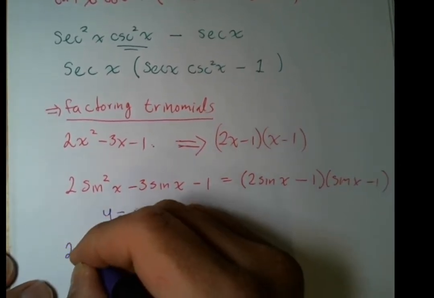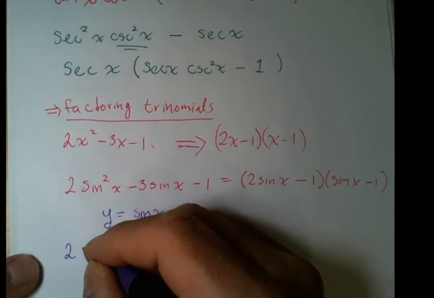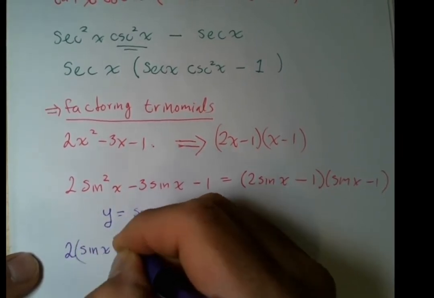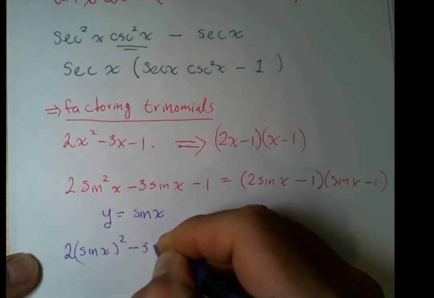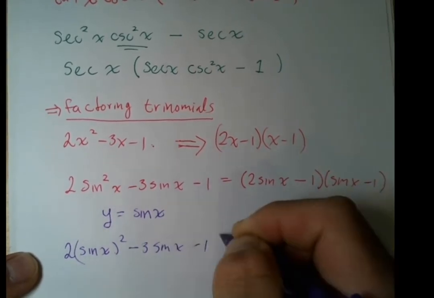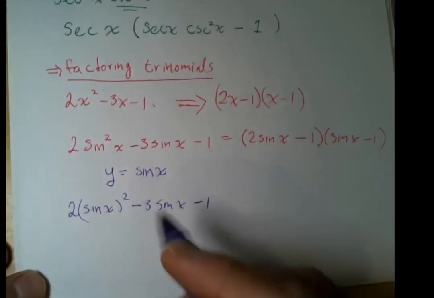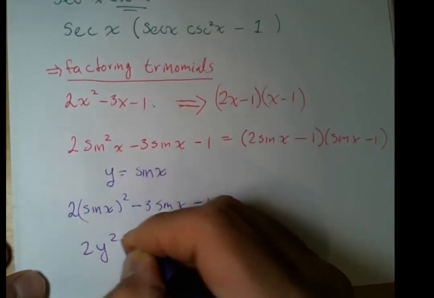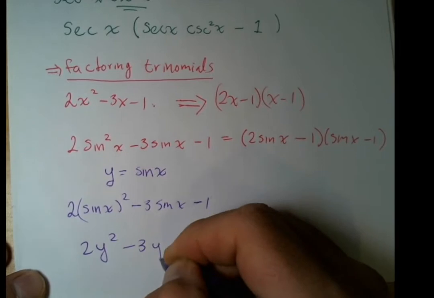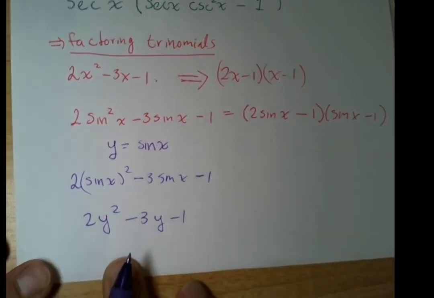Then what you see here is sine of x squared, sine x minus 1. And when you make the appropriate substitution, now we have something that's of quadratic form.